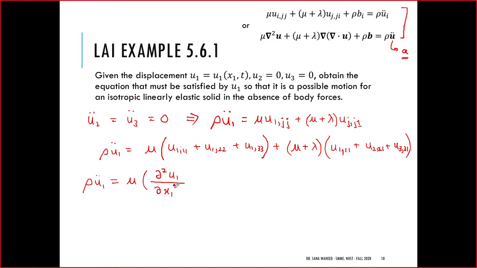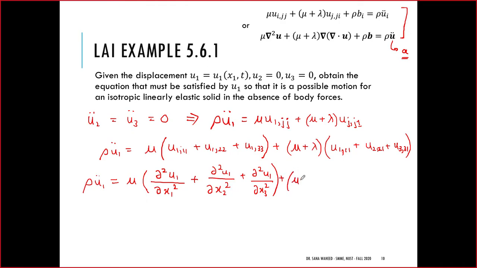So with respect to del x1 squared, plus again वही u1 का डेरिवेटिव दो दफ़ा, so that is del 2 u1 with respect to, now this time it's del x2 two times, so it's a square, plus similarly del squared u1 del x3 squared.